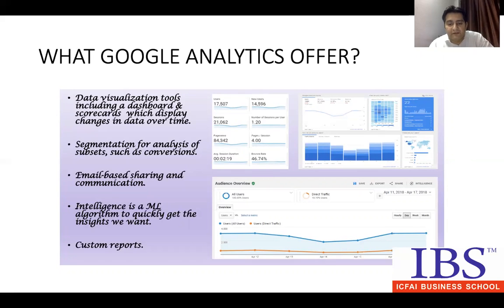There is also direct traffic, indirect traffic and the source of the traffic. There is so much information which we can extract through these analytical reports. Segmentation can be seen, and customized reports can be generated through these tools.